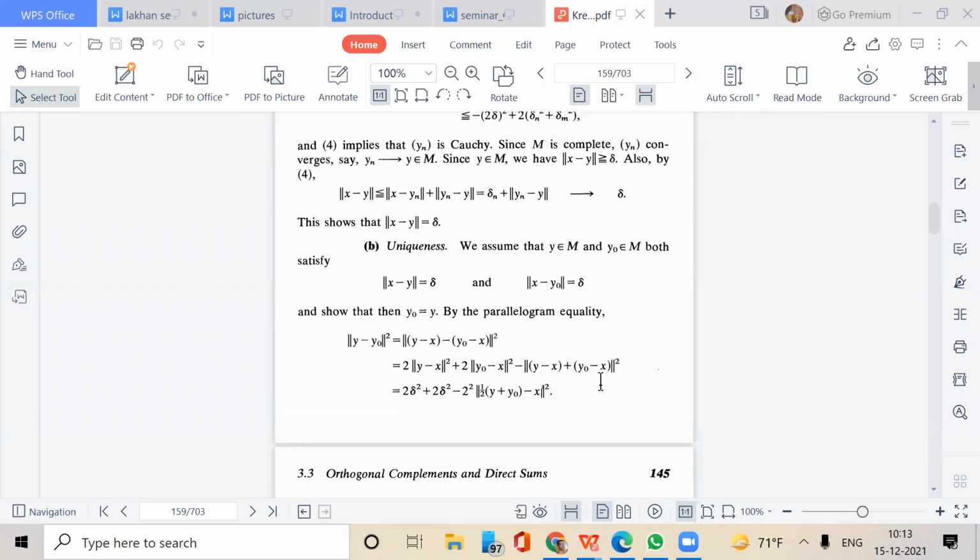Parallelogram equality says that norm of x plus y square plus norm of x minus y square is equal to 2 into, in bracket, norm of x square plus norm of y square. By using this parallelogram equality, we get this step.